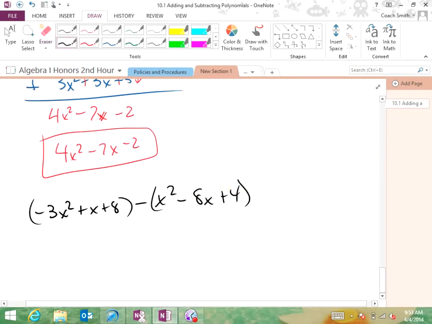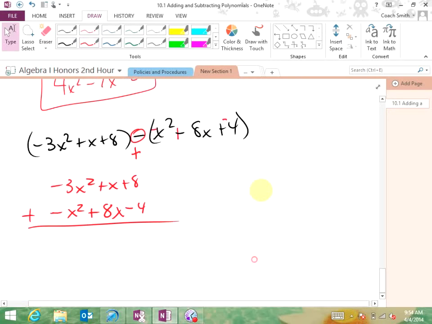Everybody listen, you have to take this and change it to addition and do the opposite of everything behind it, everything that's in the parentheses. And then when you set it up vertically, it looks like this. Like that right there.